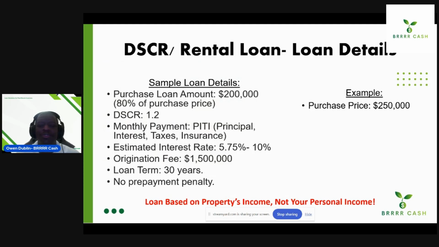So here's a sample of the loan details. Once again, we'll do the purchase price of $250,000, 20% down, gives us a loan amount of $200,000. And then on your loan terms, you're going to have your monthly payment, which typically is your principal, interest, tax, and insurance. And you have your association, but the insurance, I want to point out that the price of insurance has evolved over the past 5 to 7 years.